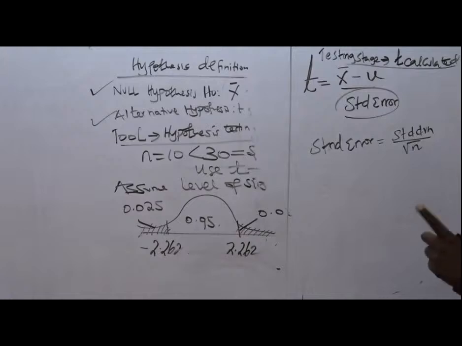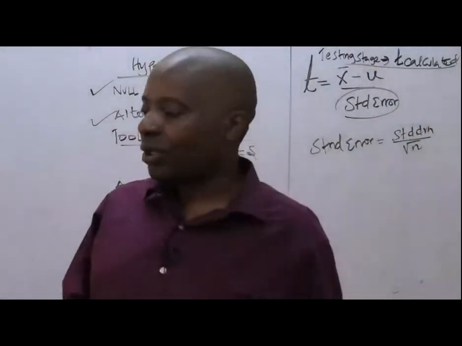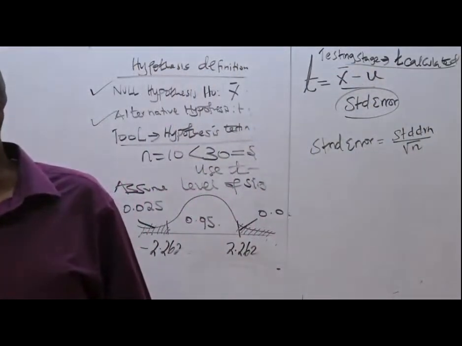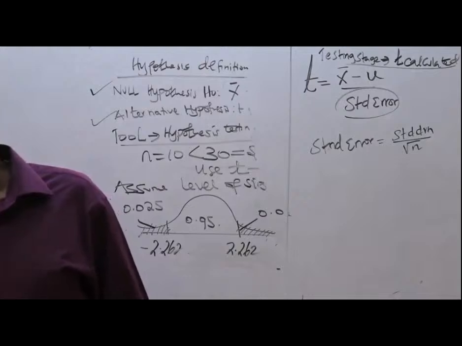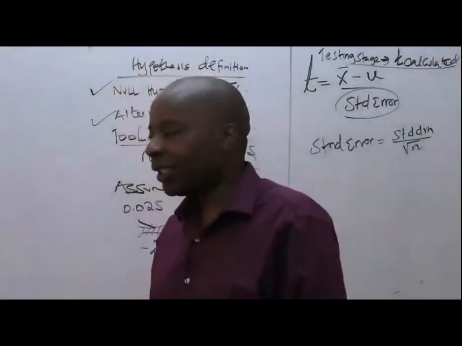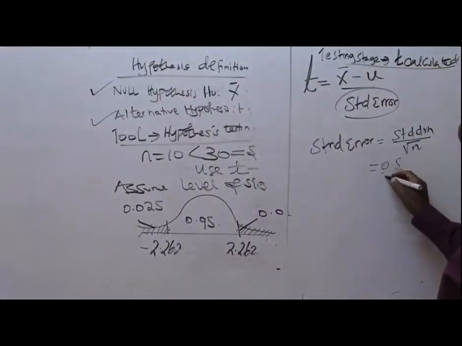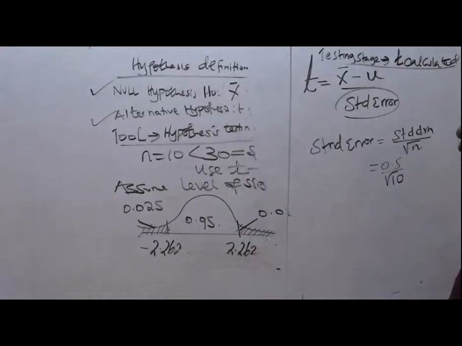So do we have a standard deviation in this question? If you look at this question very well, they have given us a standard deviation of 0.5, and of course n is 10. So we have the standard deviation of 0.5 over root n, which is 0.5 divided by root 10.